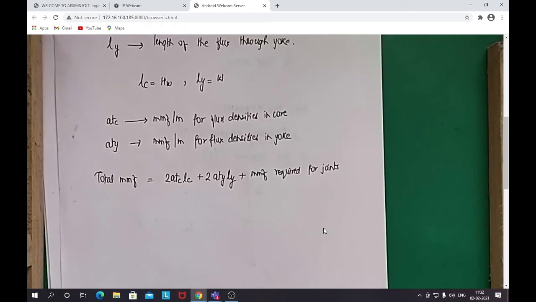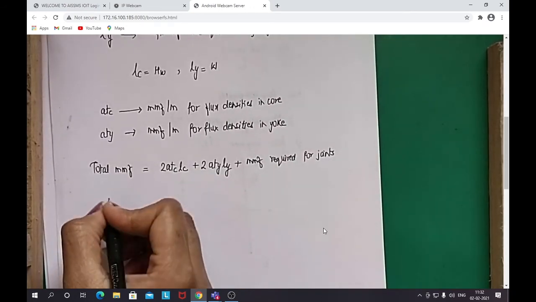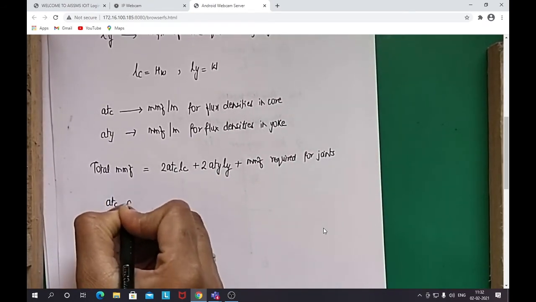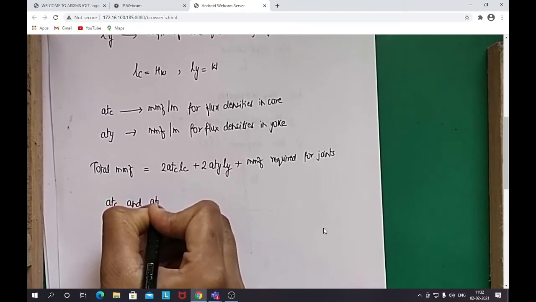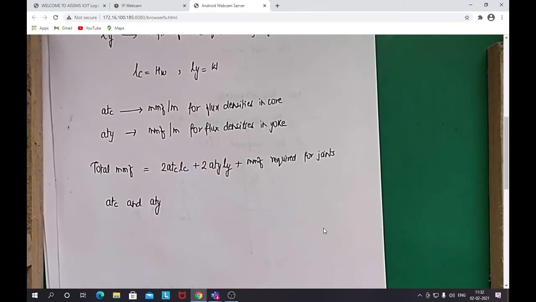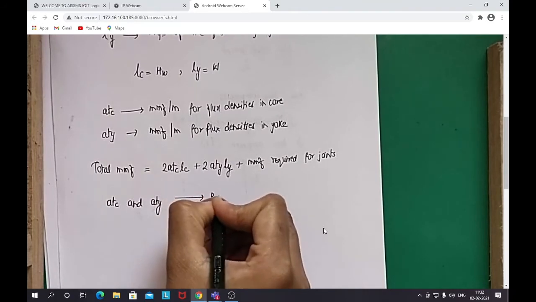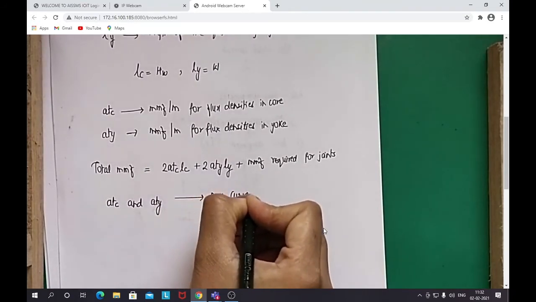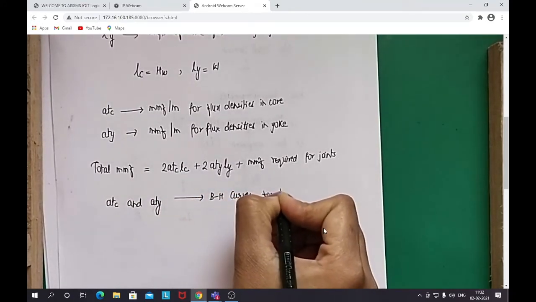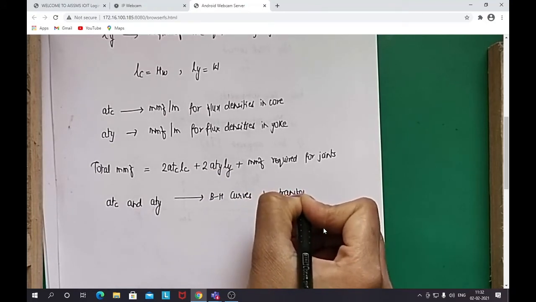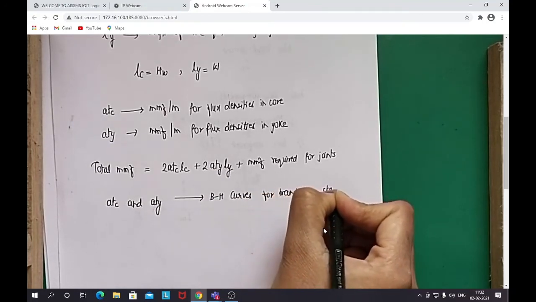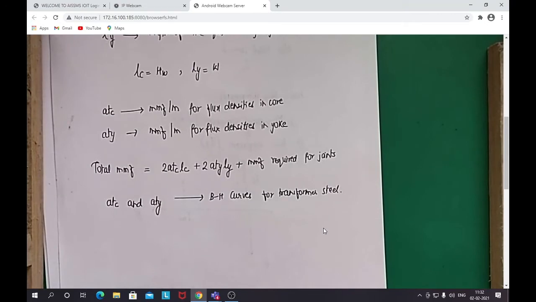Now, practically the values of ATC and ATY are taken from the BH curves for the transformer steel.